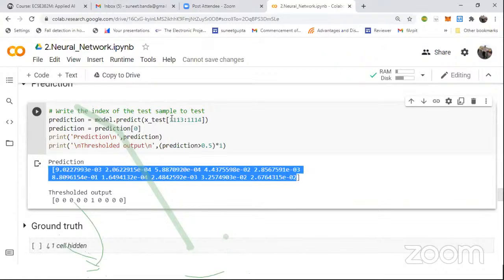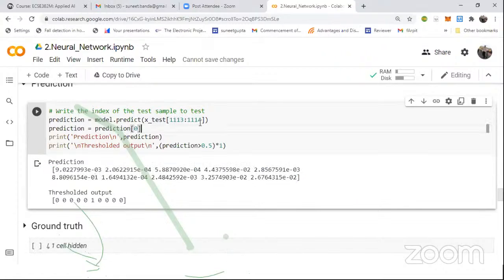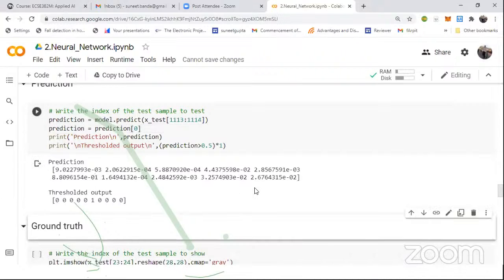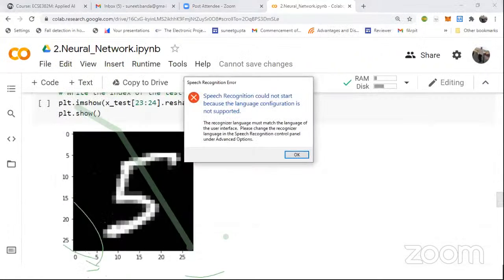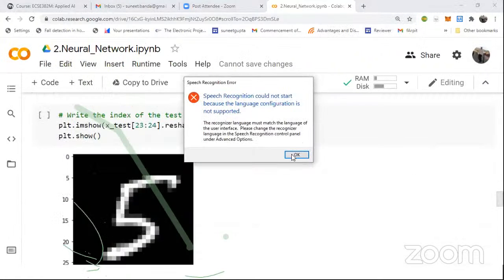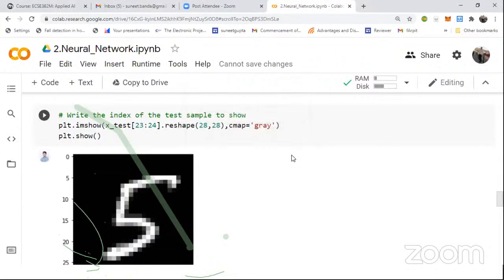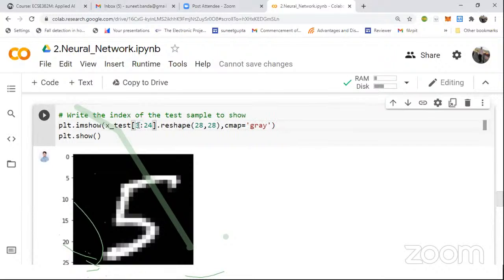So here we have passed this 1114 number sample. Now what we can do, we can check this same sample. We are trying to print whether whatever prediction is there is actually true or not.